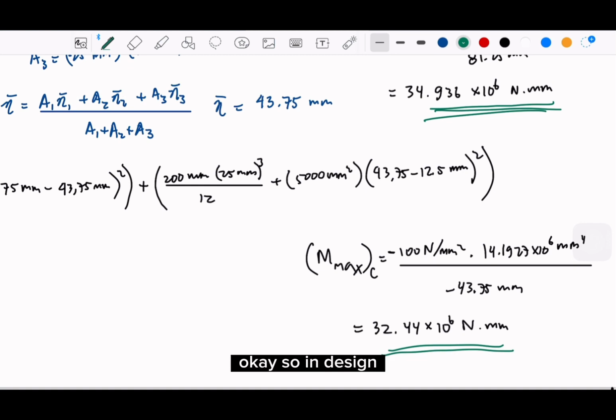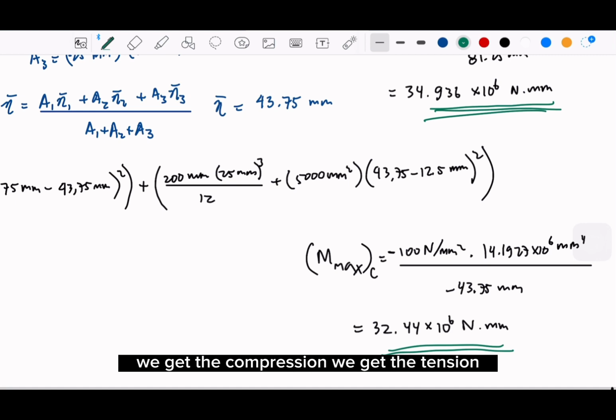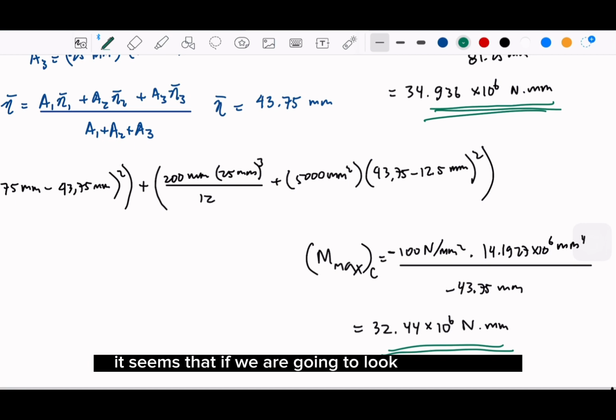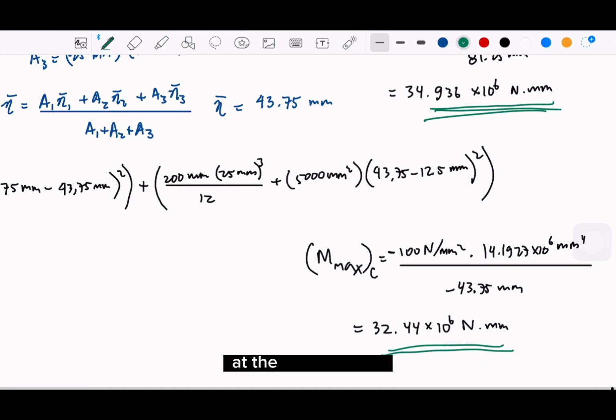Okay, so in design, we get two allowable, right? We get the compression, we get the tension. And then from two different approach, we get these two different numbers, right? The safest one is if we apply directly 34, it seems that if we are going to look at the allowable at the compression, or is allowable in the tension, perhaps it's safe, right?